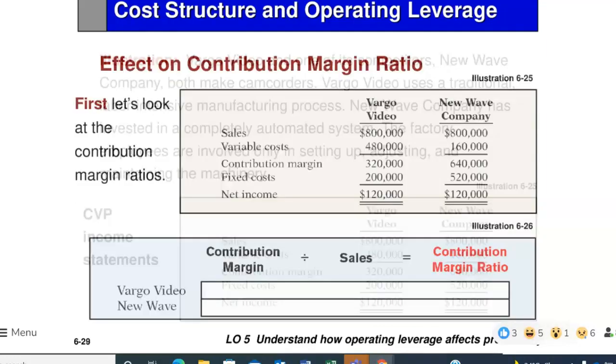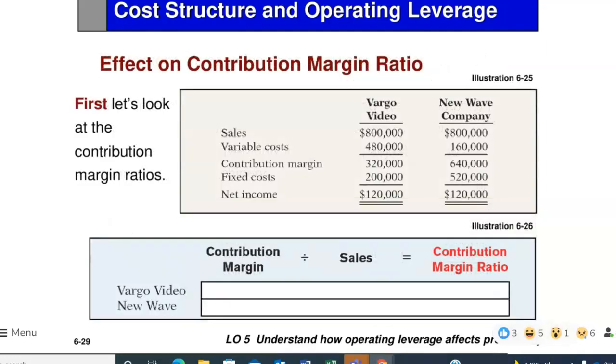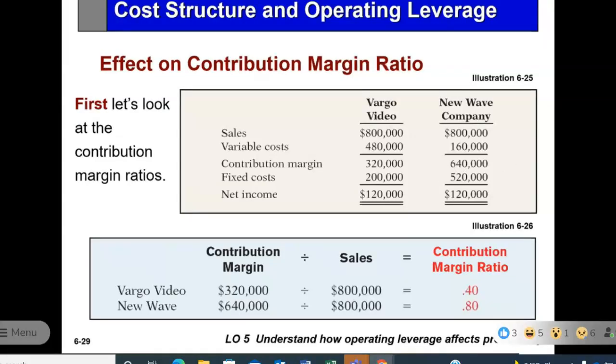So what does this mean? Well, let's now look at the effect on the contribution margin. So the contribution margin is 320 for Vargo and 640 for New Wave. So if I want to look at the contribution margin ratios, it's this way. I take the contribution margin for Vargo, 320, divided by the sales, 800, and I get 40%.